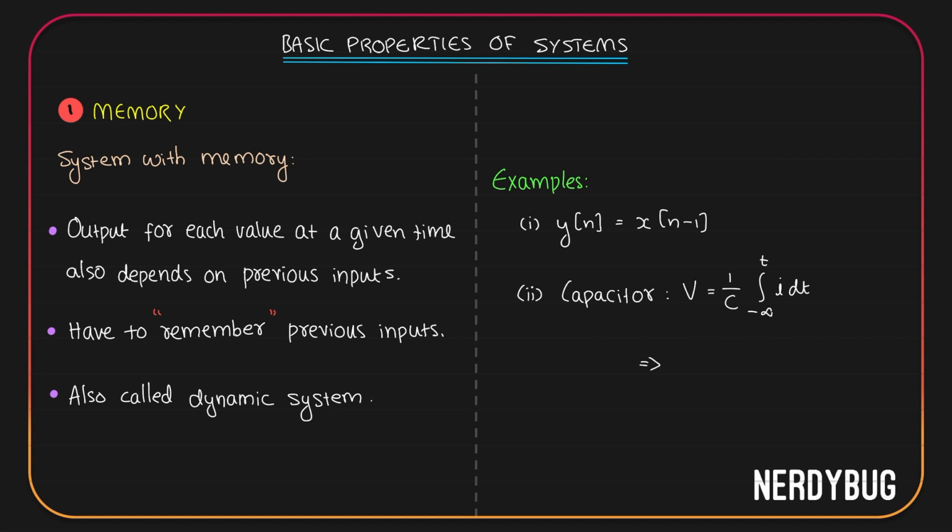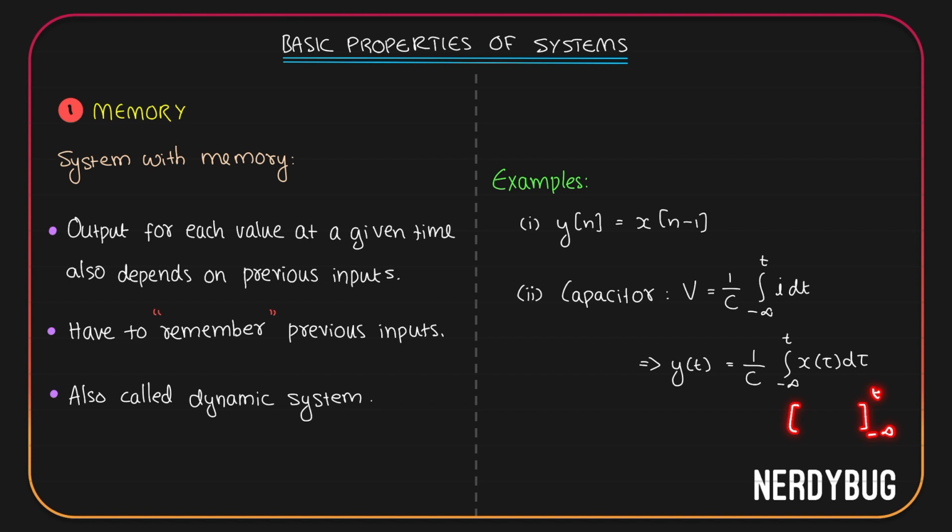So we can write y of t is 1 by c integral from minus infinity to t x of tau d tau. Don't worry that I took tau over here as the variable. It doesn't matter as long as I'm giving the right limit. Because after integrating, I'll be giving the limits anyways from minus infinity to t.